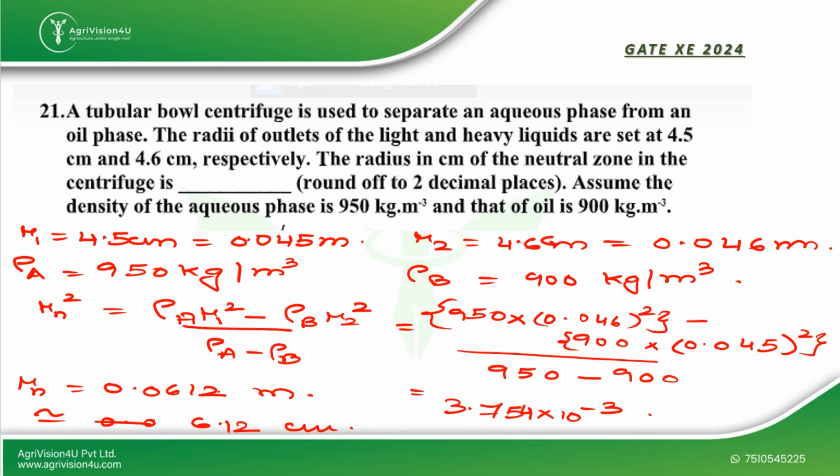So my correct option will be, okay, we are getting over here 6.12, so it will be rounded off to 6.13 centimeter. So my correct option will be 6.13 centimeter.